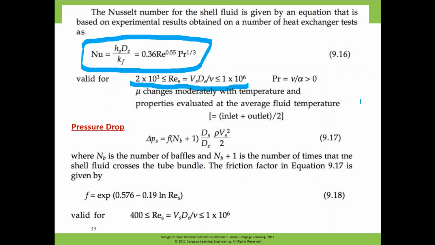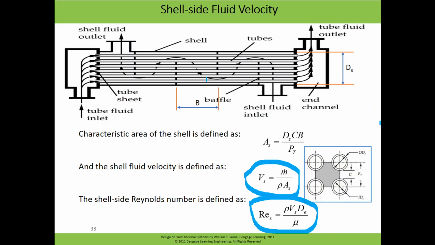Now how can we calculate the pressure drop for the shell side? The tube side we already covered. So for the shell side we need to see what is the flow path. So if we see here, what is the flow path? The fluid is going up and then traveling, and then going down and then traveling, and then going up and then traveling and then going down and so on.